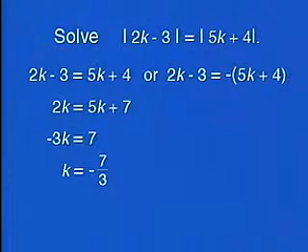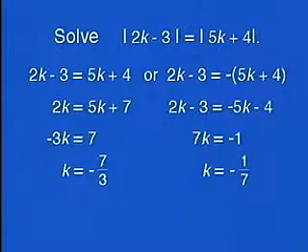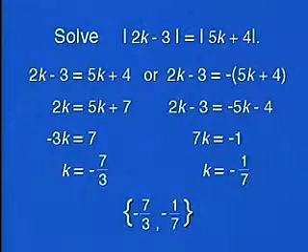Solving the second equation, remember we must distribute the negative sign. We have 2k minus 3 equals -5k minus 4. 7k equals negative 1, and finally k equals negative 1/7. So our solution set consists of the two numbers negative 7/3 and negative 1/7.